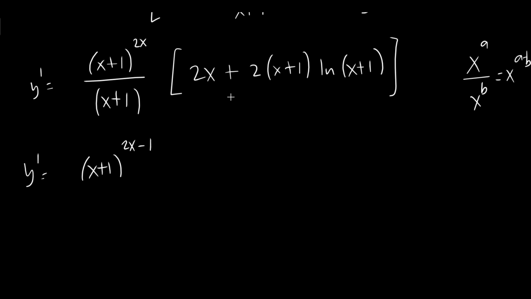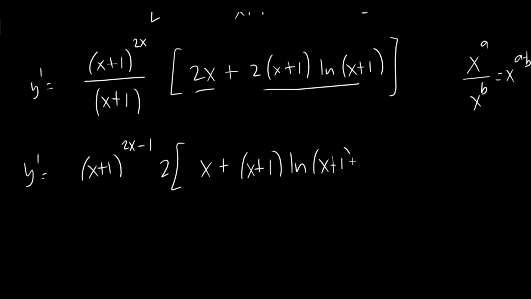So we'll factor the common factor of these two terms. We factor out 2. So we have x plus 1, x plus 1 times ln of (x + 1).